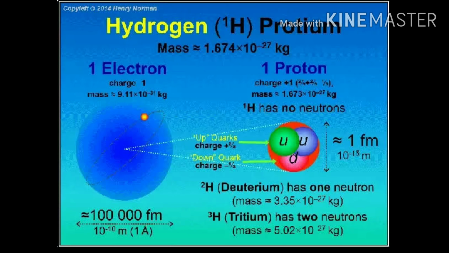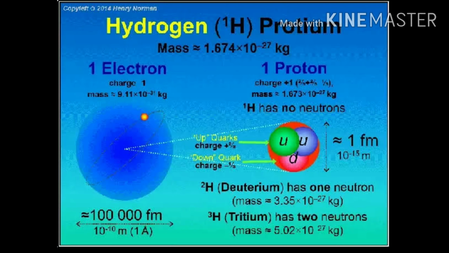Now we find that the mass of one hydrogen atom equals 1 AMU, which is equal to the mass of one proton. Now how can you calculate the mass of other elements? Other elements contain different numbers of protons and neutrons, and it is very difficult to find out their mass.